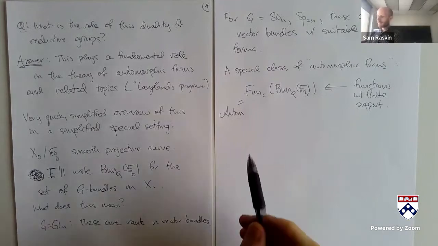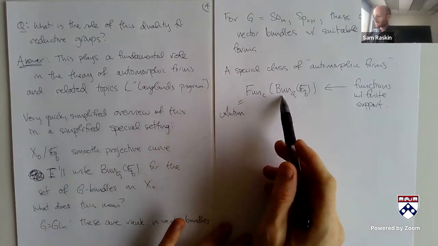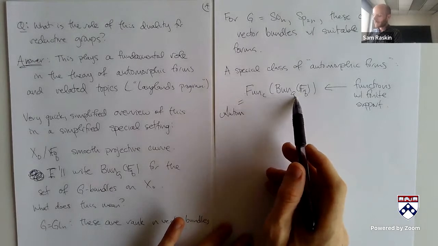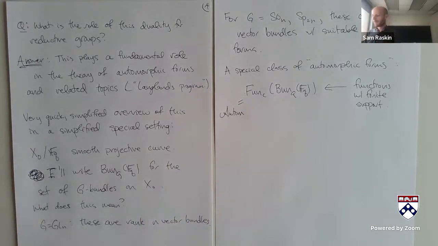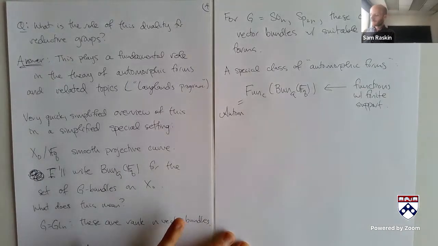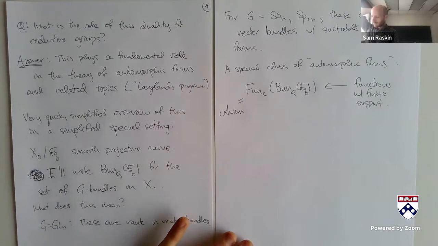They had the idea that generalizing the study of the Jacobian to the space of maybe higher rank bundles was a good idea for getting more information about function fields and ultimately about arithmetic. And I think he was the one who really initiated the study of these kinds of sets.